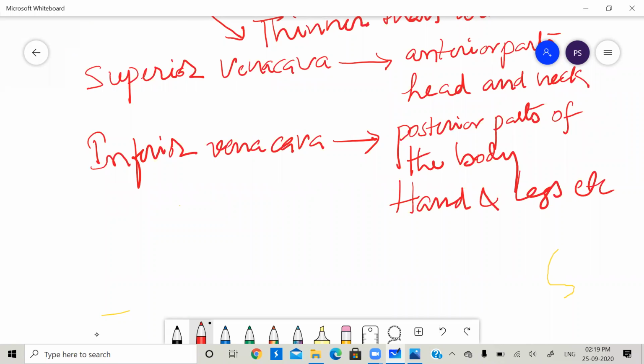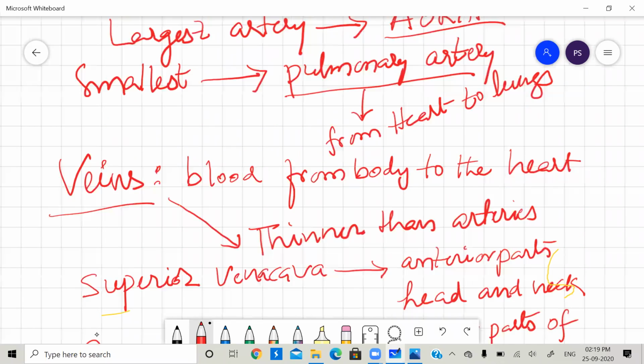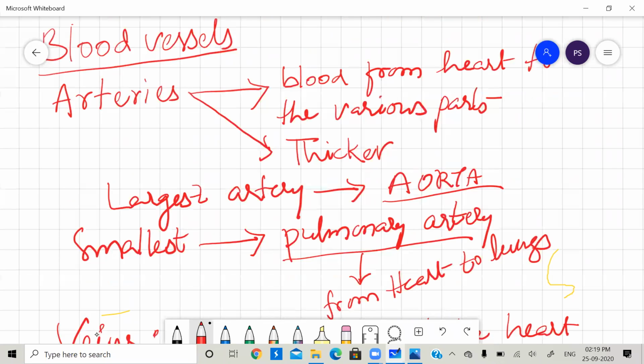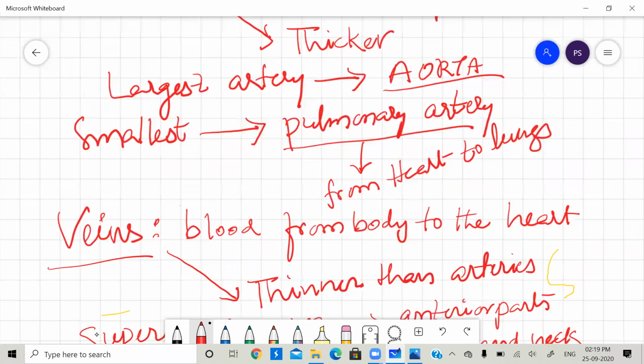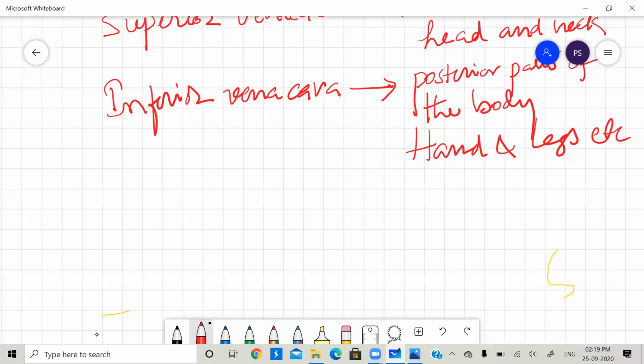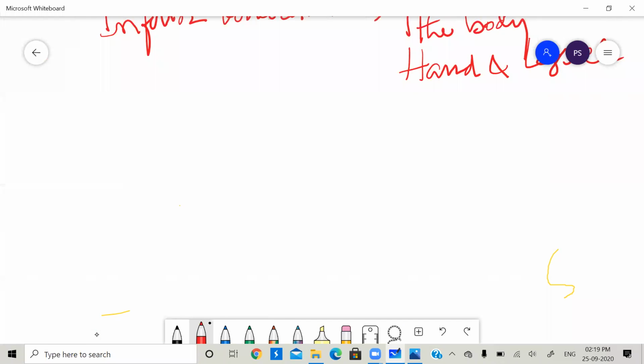So this is about the veins. These are the blood vessels which transport blood in our body. Then the auricles and ventricles are separated by cross walls which are called septa.